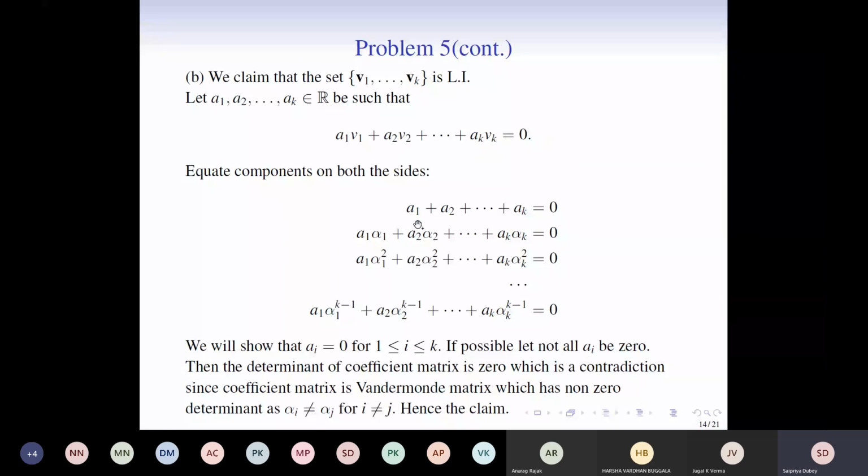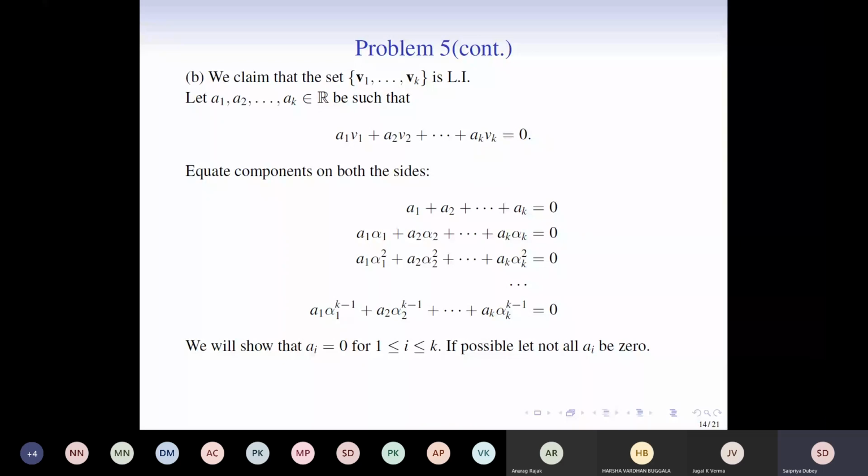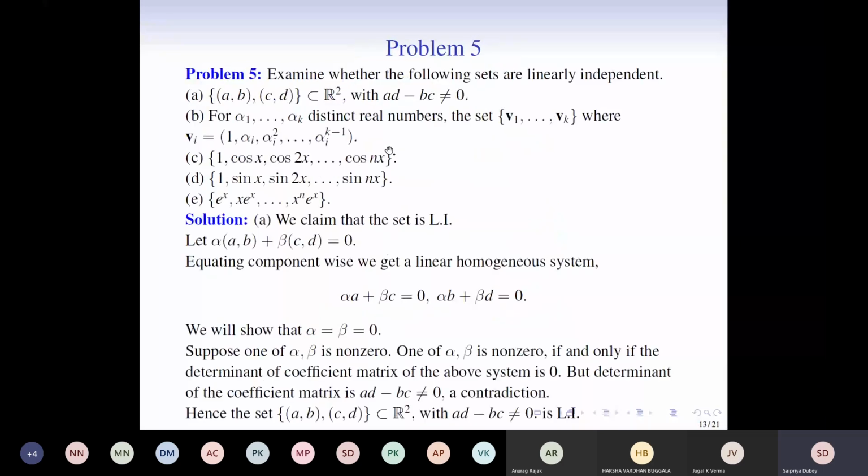If you see here, the coefficient matrix is exactly the Vandermonde matrix in alpha 1, alpha 2, and so on till alpha k. We know that the determinant of the Vandermonde matrix is the product of alpha i minus alpha j, and we know that they are distinct real numbers. Therefore, the determinant can never vanish.